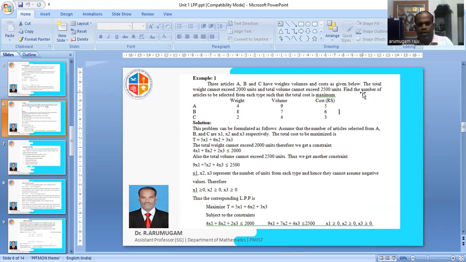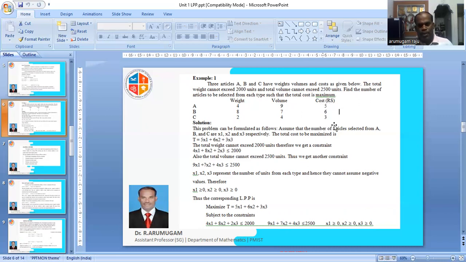See this last line. Find the number of articles to be selected from each type such that the total cost is maximum. Suppose the total cost is maximum, this is the maximize type. Therefore, here you can write maximize is equal to the cost value or the profit value.